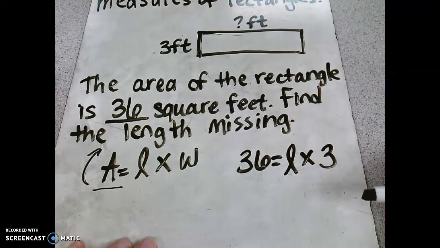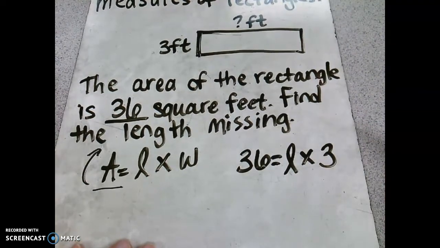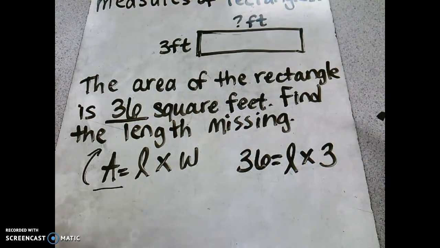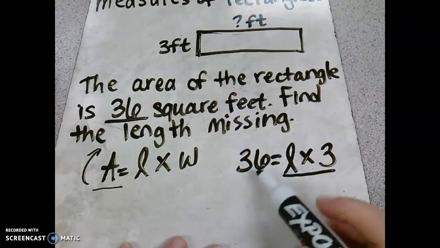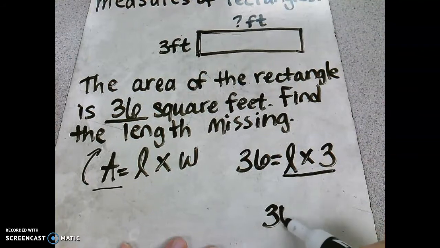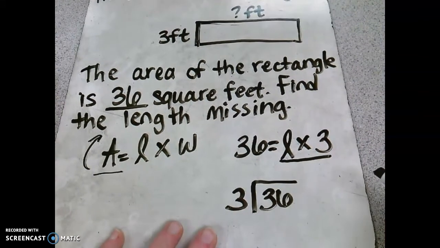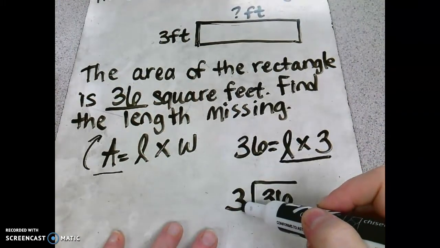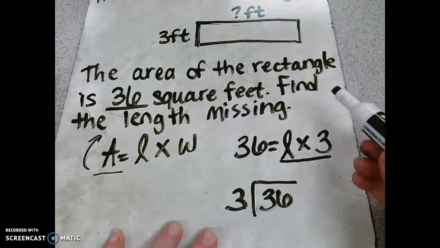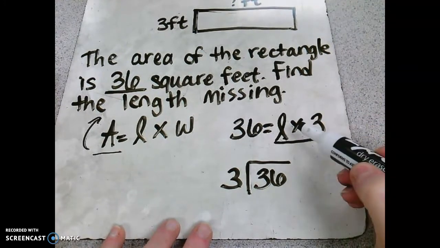And the other side, we don't know what it is. So I'm just going to put my letter L in for right now until we can figure out how we're going to get L. If we are multiplying right here, we need to do the opposite. We need to do 36 divided by 3. Okay, our big number is going to live under our house, and our 3 is chilling on the outside of the house. Okay, so now we're going to do long division to find the L.